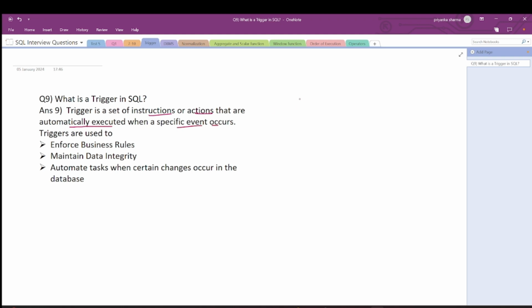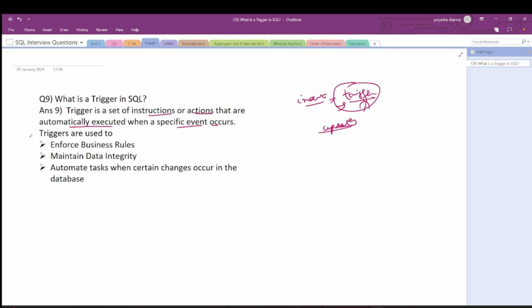For example, if somebody inserts something in the database, you can set a trigger. You would understand that someone is violating the rules, someone is doing something which one should not do, so a trigger will be set. Someone updates, someone deletes, someone drops, so a trigger can be set just to maintain the data integrity.